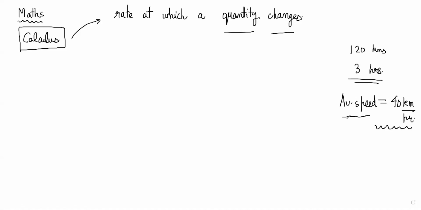This was the average speed, but there is something called instantaneous speed, right? The difference between average speed and instantaneous speed is that instantaneous speed is the speed at the current moment, right? So that may or may not be equal to 40. It could be greater than, less than, or equal to 40. Right?